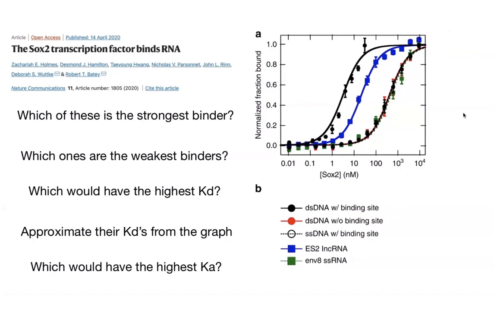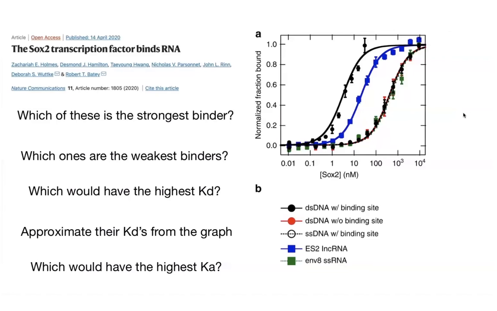Hopefully you did that all, and now let's go over the answers. Which of these is going to be the strongest binder? Remember, the strongest binder is the one where you need less of the other partner in order for half of it to be bound. It's going to be the one with the lowest KD, and in this case, it's the black one on the left.